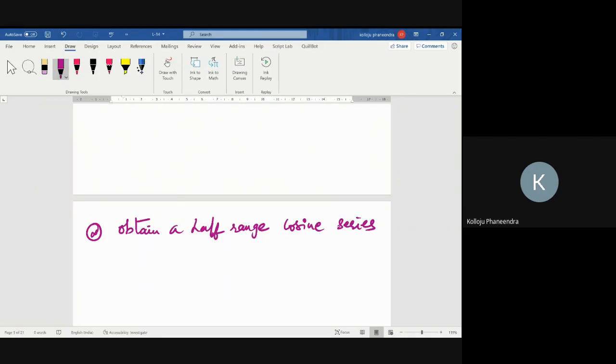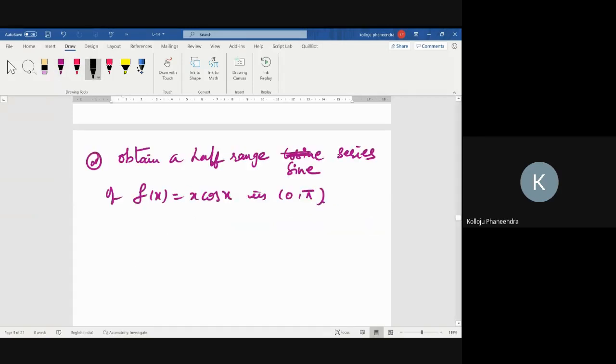In the exercise, they have written x square half range sine series. Let me take the half range sine series of x cos x. Half range sine series of f of x equal to x into cosine x in 0 to pi.